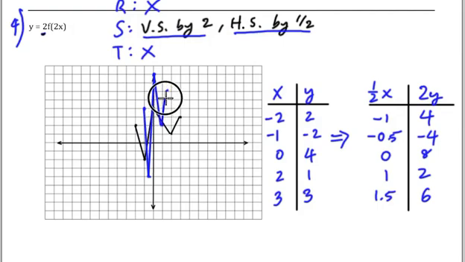I have this one here, which goes to about there. So as we can see, what's happened is that in the x direction, it's being compressed. So that's why this W sort of looks compressed in the x direction, but in the y direction, it's being stretched by 2. So that's why it looks very stretched out in the y direction, but very compressed in the x direction. And it's because of these transformations.